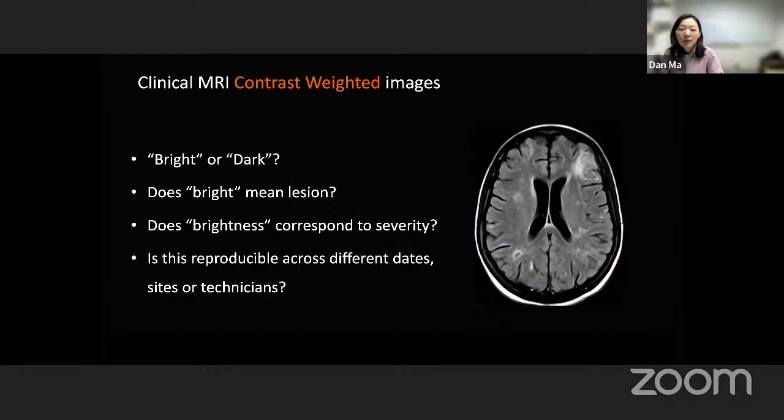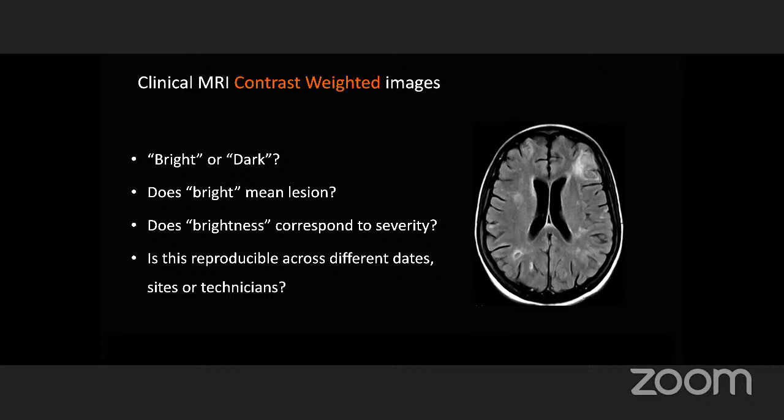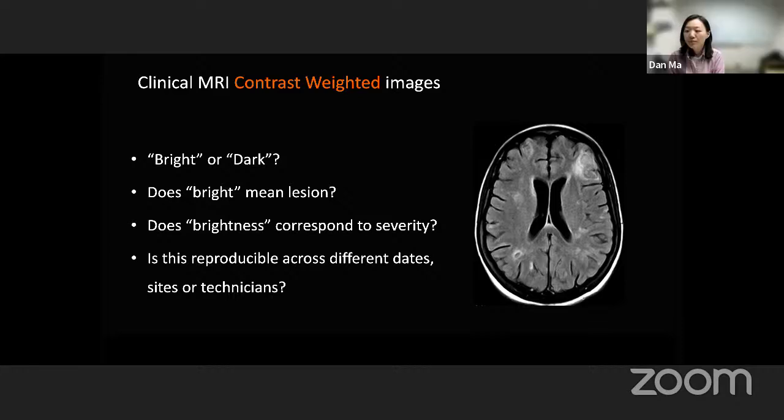Back to MR, most clinical MR uses what we call contrast-weighted images, such as T1-weighted or T2-weighted images. Those are qualitative measurements, because the intensity of these MR images does not mean anything. It's basically relative: the image shows relative contrast among tissues.